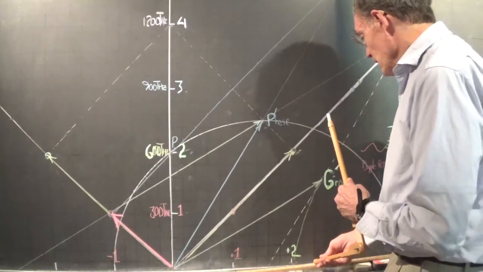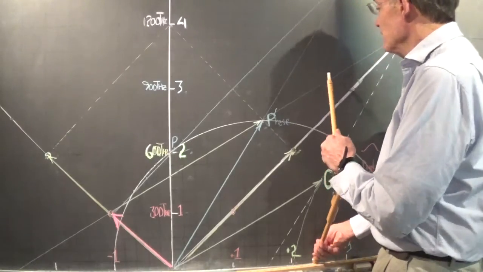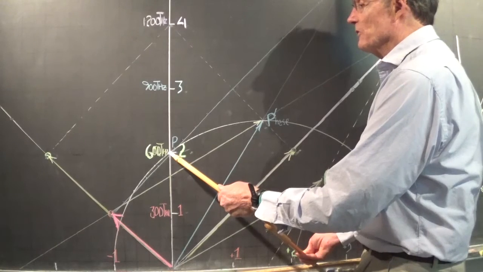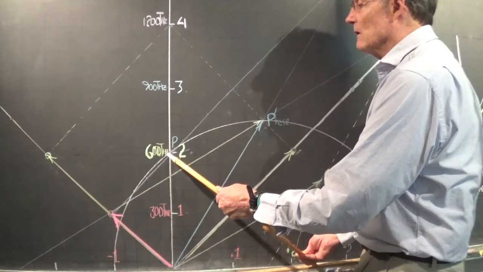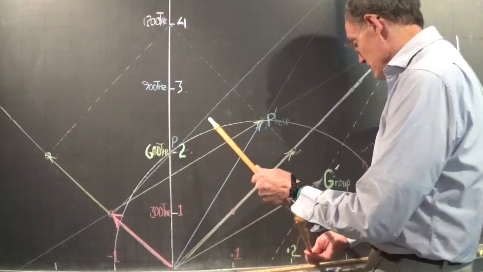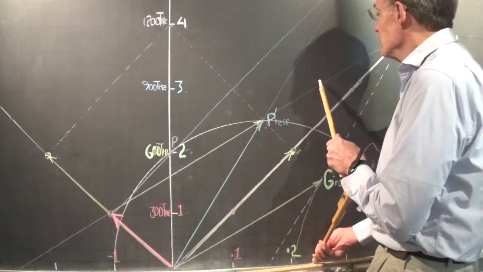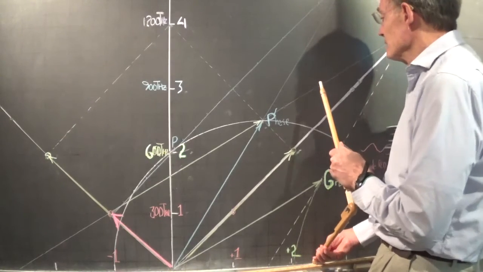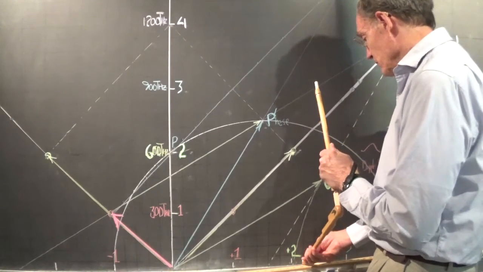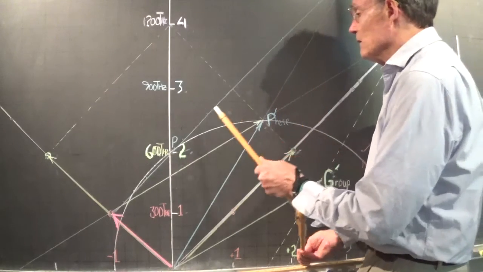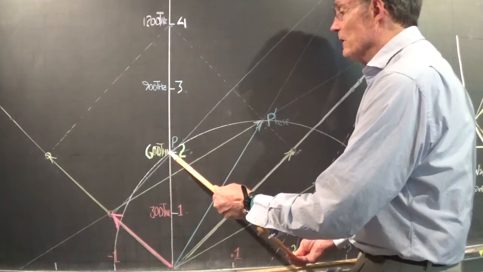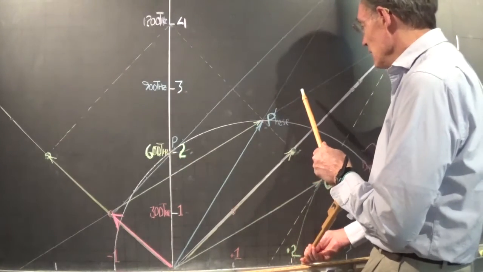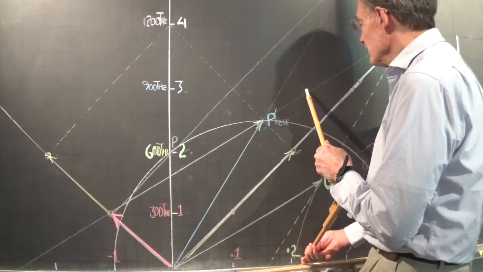I'm going to go up here to this line and put my compass down on the geometrical mean, 600 terahertz, and come back and put a dot. Oh, it's a little bit above the line. Okay? Let's do it real quick for the line right next to it. Pick up my geometrical mean here, come back to that line, draw another dot.